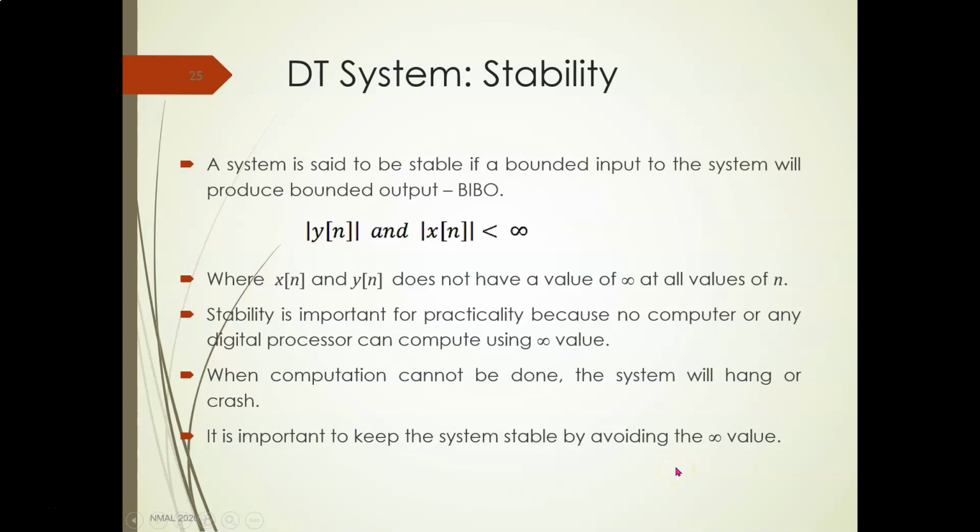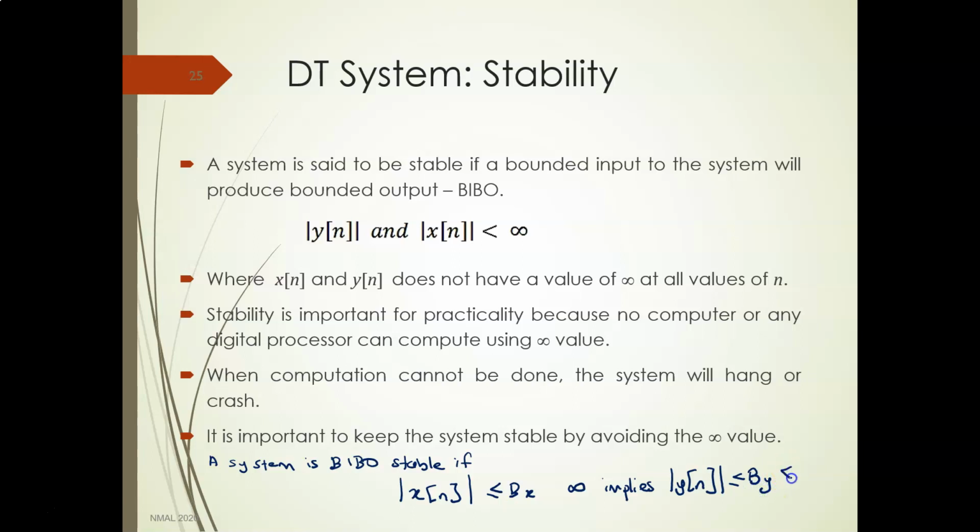Okay, so we can say that a system is BIBO stable, meaning bounded input, bounded output stable, if |x[n]| is less than or equal to Bx, which is less than infinity, which implies the output |y[n]| should also be less than or equal to By, which is less than infinity.